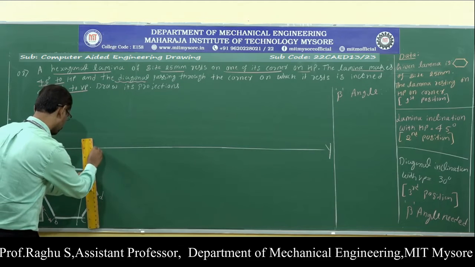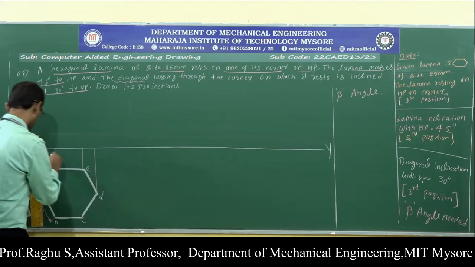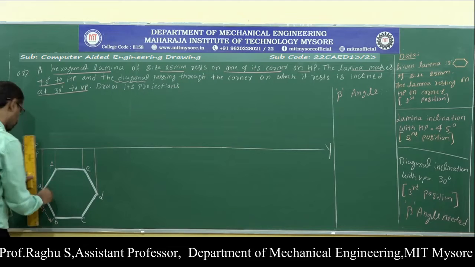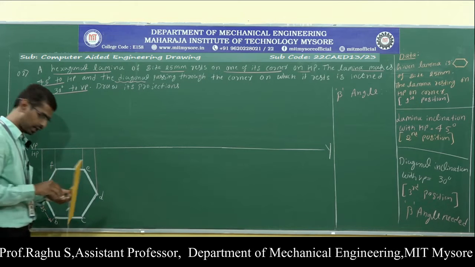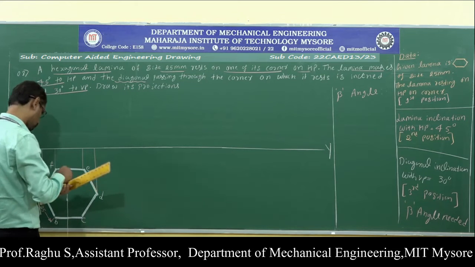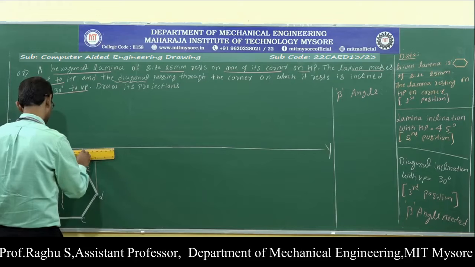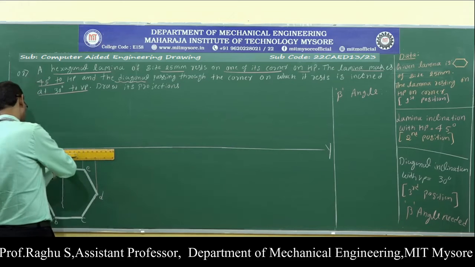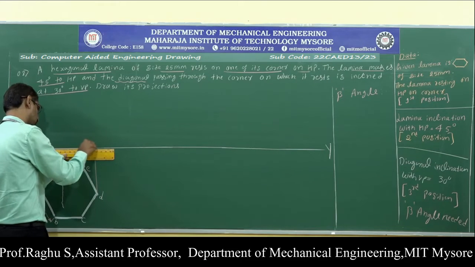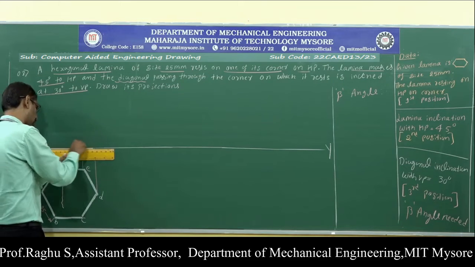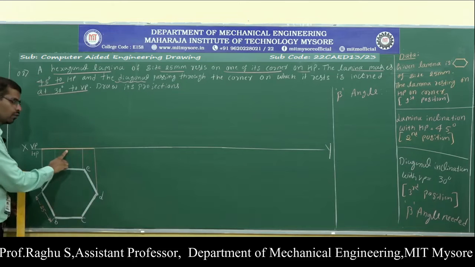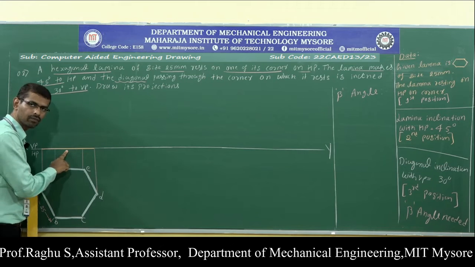Draw vertical upward projections from all the corners to get the front view. So, this is the front view of the hexagonal lamina.